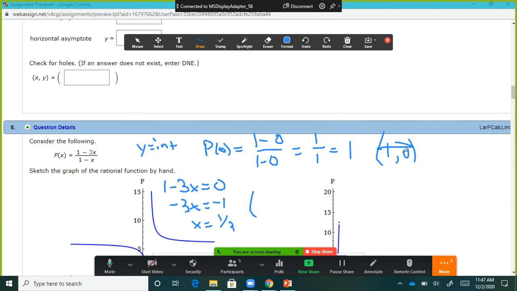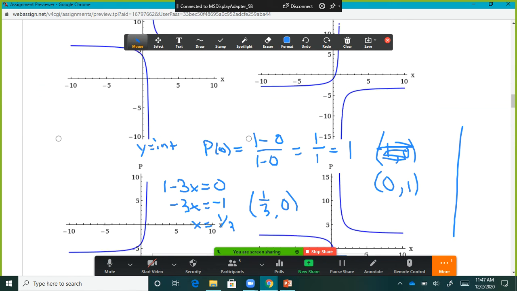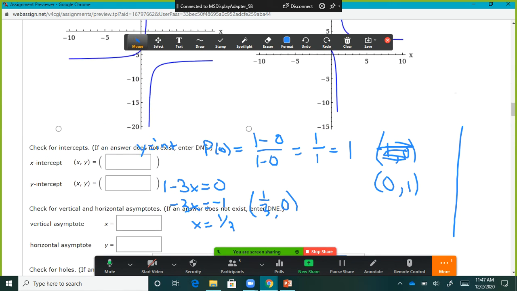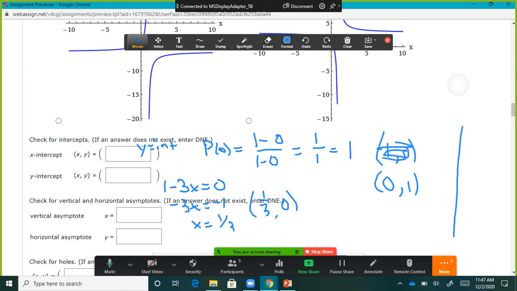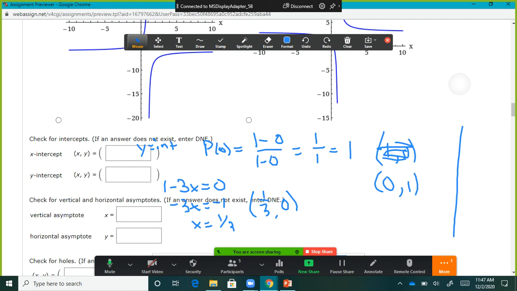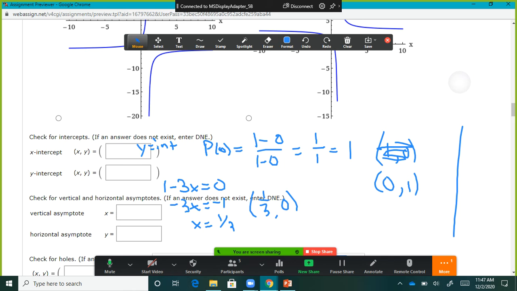That's actually, I did that wrong. That should be 0, 1. Sorry. The y-intercept is 0, 1. The x-intercept would be 1/3, comma 0. So that's what I would go to. I would go down here. And my x-intercept, I'm going to put in 1/3, 0. Vertical asymptote, that's what we did first already.